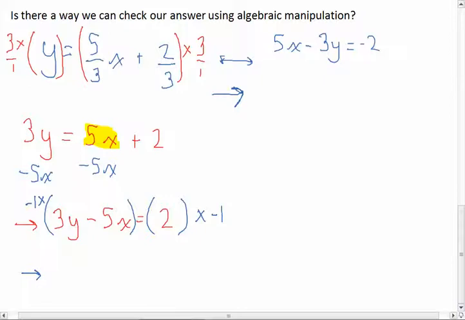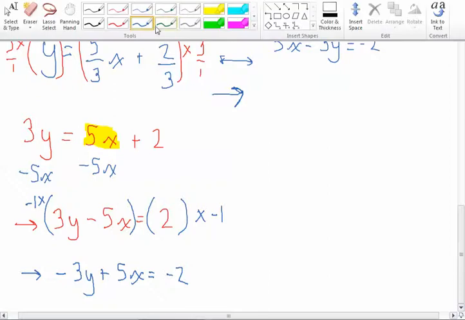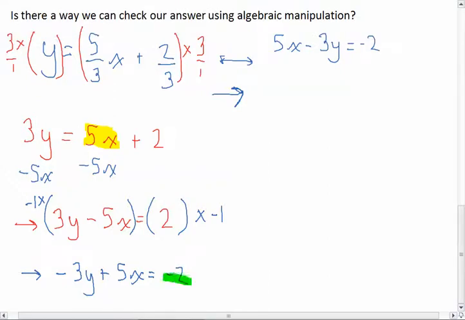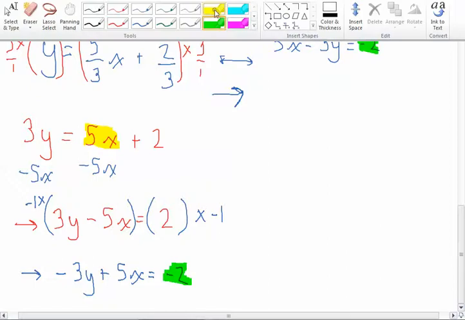But I can multiply everything by -1. So I can change the sign of everything, and I get negative 3y plus 5x is equal to negative 2. And now we can see that our terms exactly match up. Here I've got a negative 2. Here I've got a negative 2.